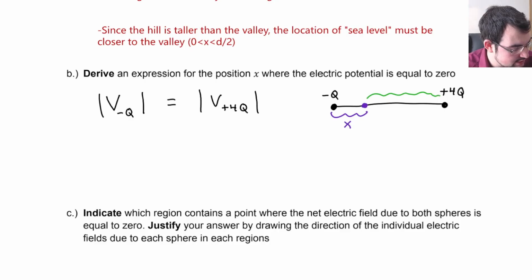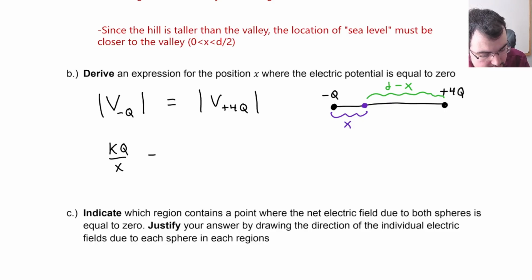And if this entire distance is d, by segment addition, the remainder would be d minus x. So we can now just plug in. So we'd get kq over x is equal to 4kq over d minus x.